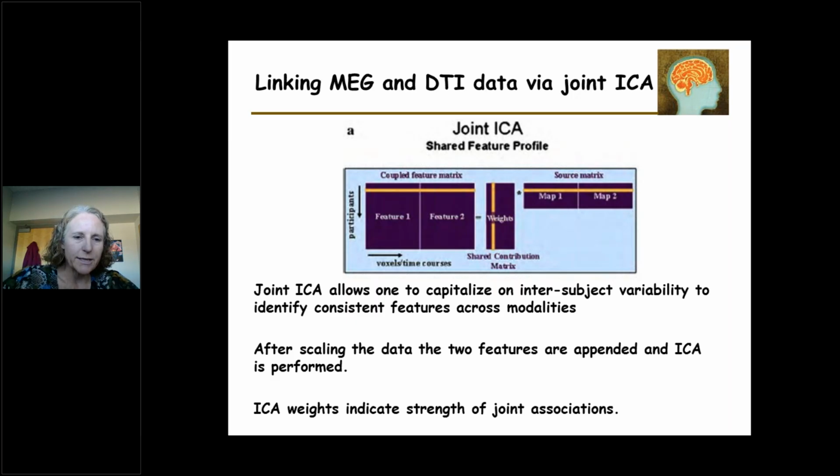Historically, it's been used for fMRI and structural MRI integration, but we used it specifically for integrating MEG and DTI, because I do think that looking at the structural connectivity relative to what we can measure with MEG, which gives you sensitivity to timing and amplitude, which is also sensitive to connectivity between regions, means that MEG and DTI integration is highly motivated.